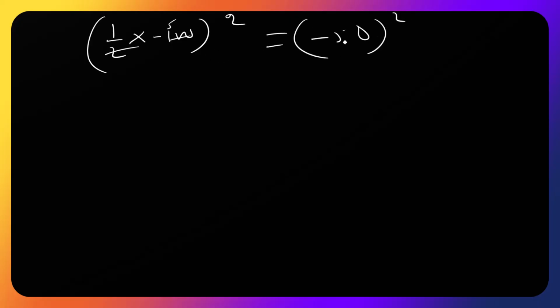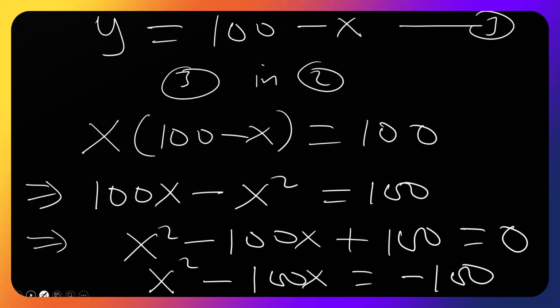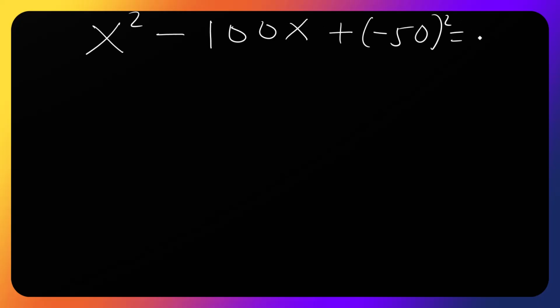So we'll add minus 50 squared to both sides of the equation. So x squared minus 100x plus minus 50 squared equals 100 plus minus 50 squared.